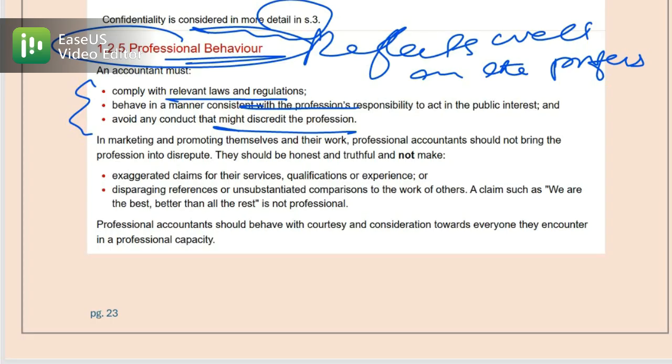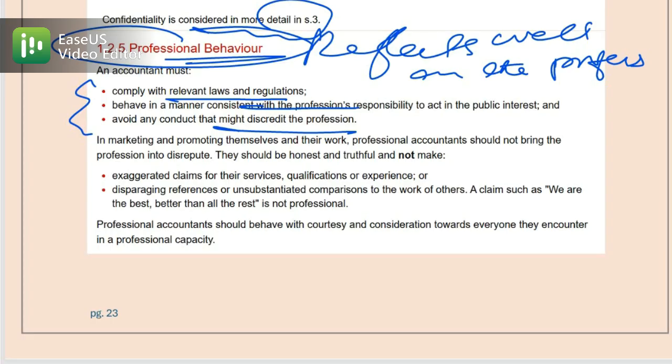And when it comes to marketing yourself or your firm, you should be honest and truthful. Okay? You should be honest and truthful. Do not make exaggerated claims about your services, your qualifications, or your experience. And do not make unsubstantiated comparisons to the work of others.